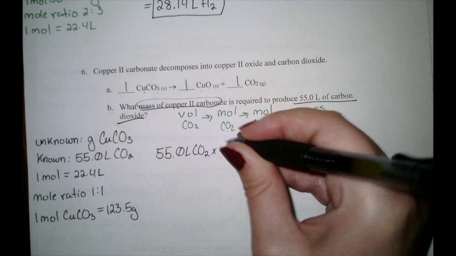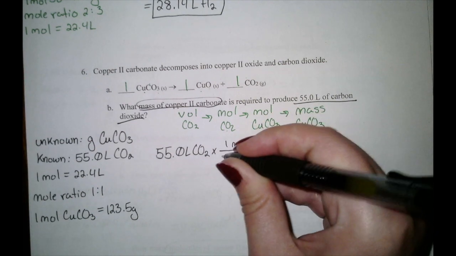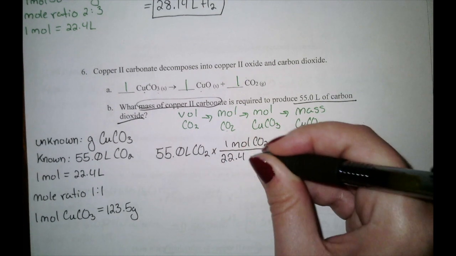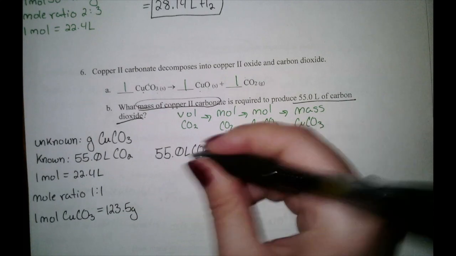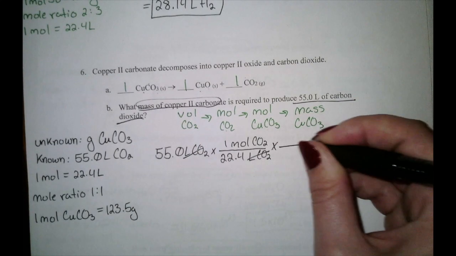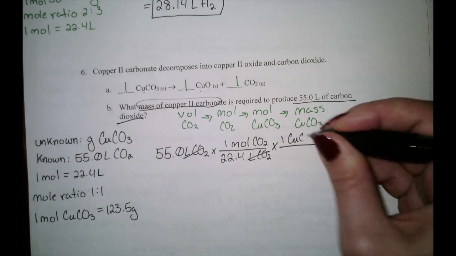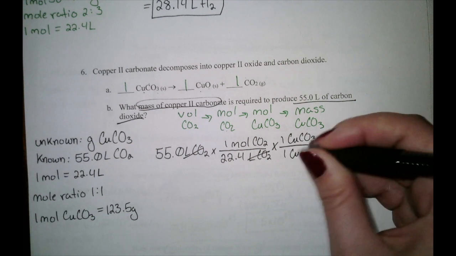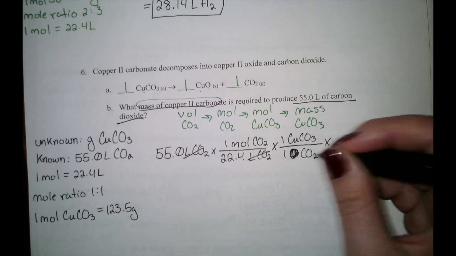Need to convert that to moles using molar volume, where 1 mole of an ideal gas at STP is equal to 22.4 liters. Now I can go from moles of carbon dioxide to moles of copper 2 carbonate using our mole ratio, which is 1:1 in this problem.